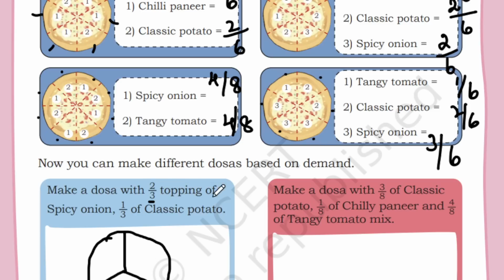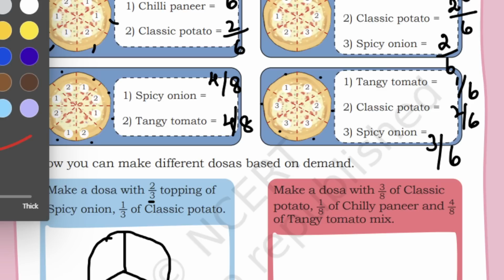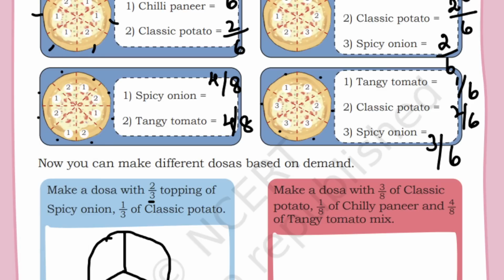Okay, 2 by 3 topping of spicy onion. So for spicy, I will shade with a red color. Spice will be dark, right? So these 2 parts spicy.